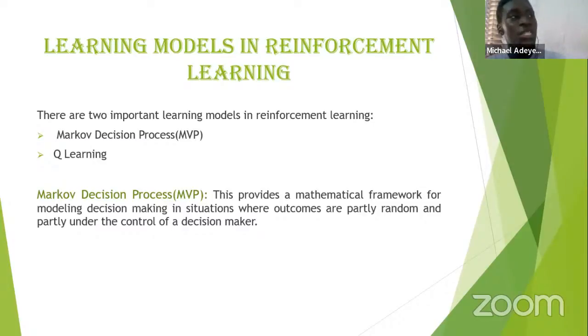So actually, this Markov decision process is a mathematical framework which helps the agents to take some decisions. An agent can take several actions to get to its destination. But with the help of the Markov decision process, it limits its actions.